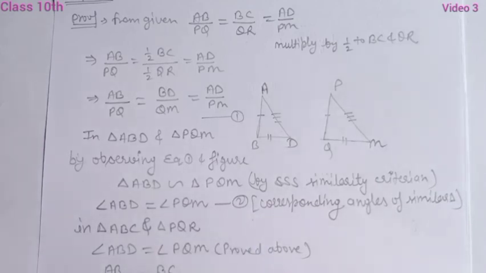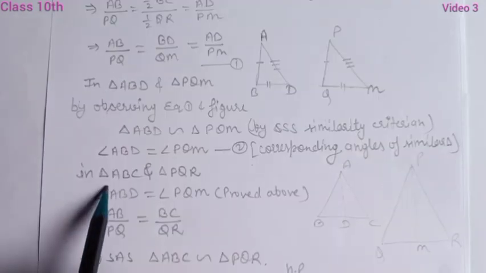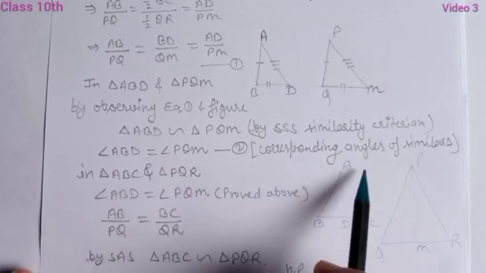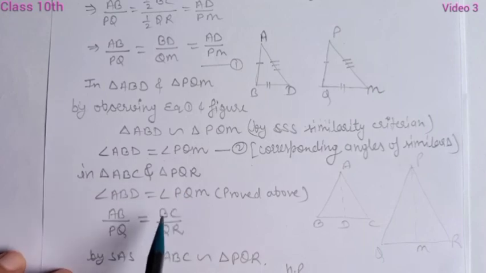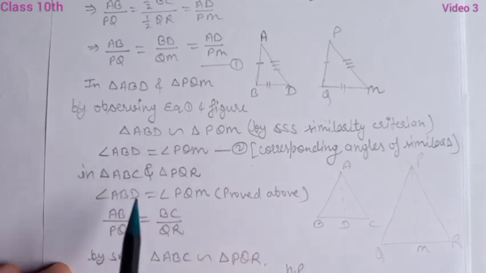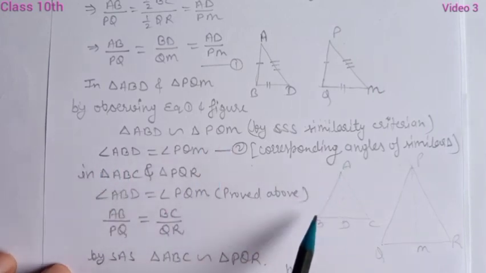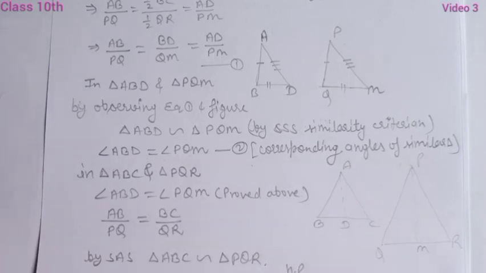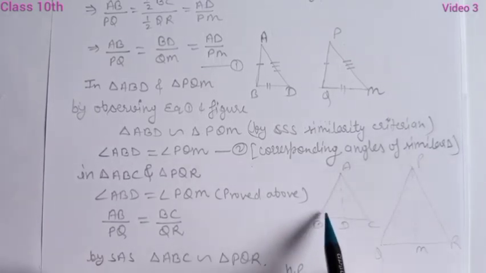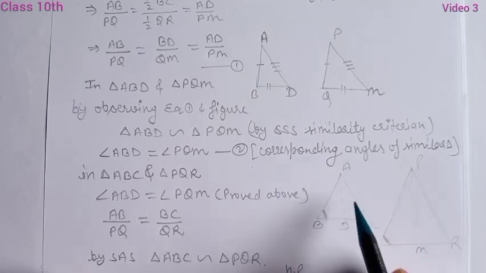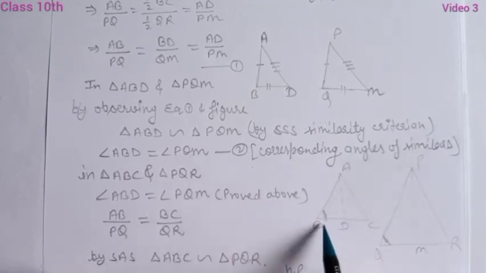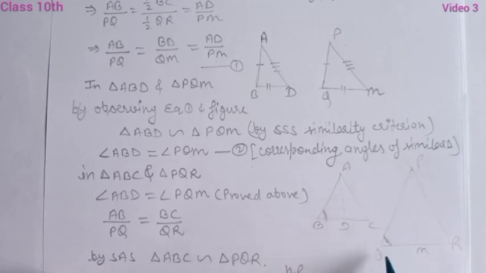Okay student, now in triangle ABC and triangle PQR, the copy of the triangle is drawn here. From equation 2, you know that angle ABD, this angle, is equal to PQM, this one. So in the whole triangle ABC, angle B is equal to angle Q in triangle PQR.